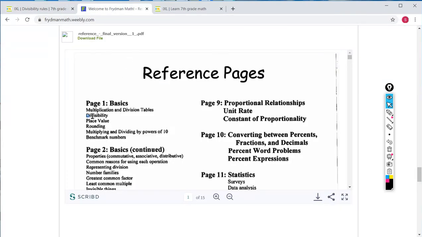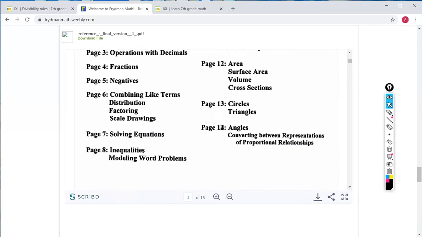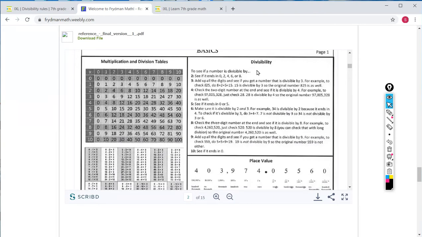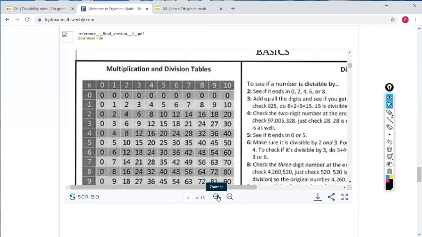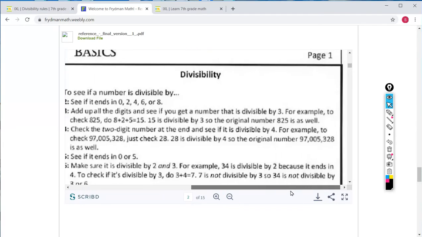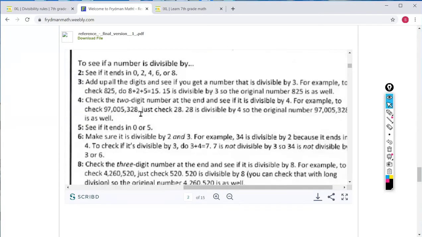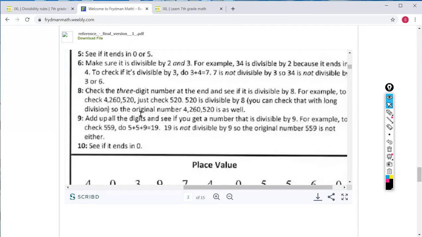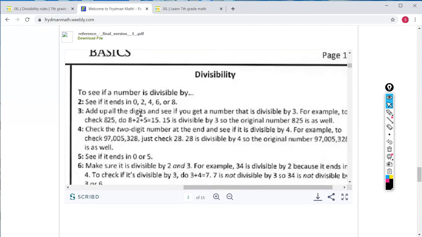We have divisibility here on page 1. So let's scroll down to page 1, and here it is, divisibility. I'll make that larger so we can see it. And here are all the divisibility rules that you're going to need for this exercise.